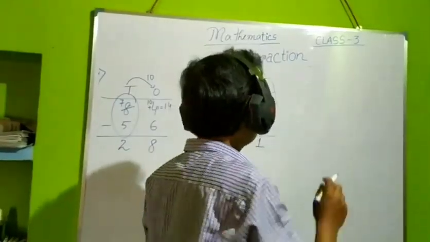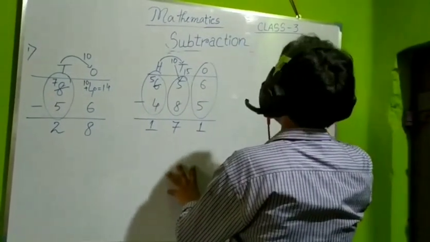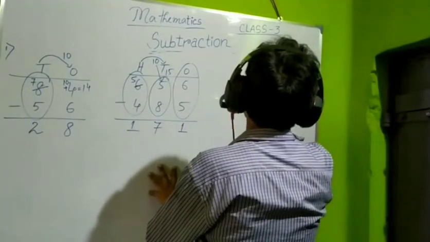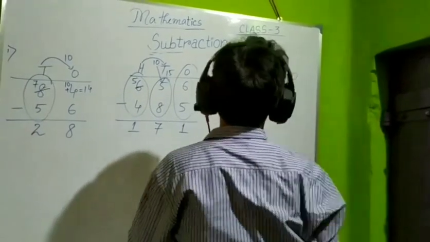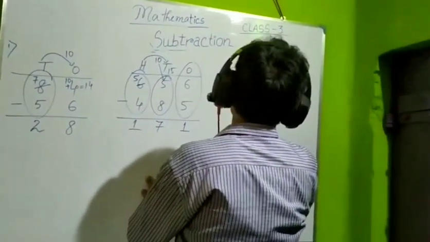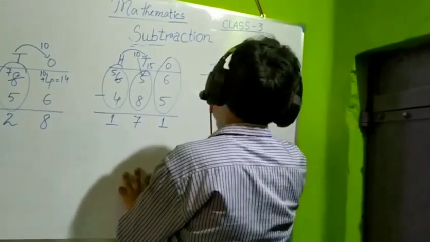If we take any number which is written in 4 digits, first you mention the places: ones, tens, 100, then 1000. Okay. Then we take any number, 3456.